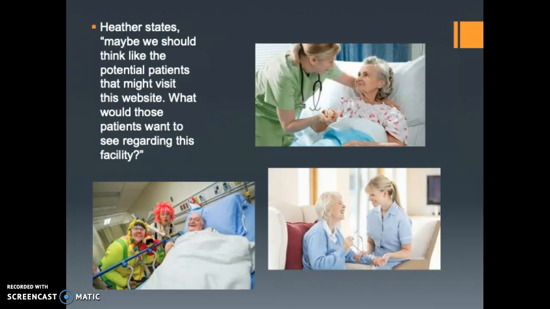It shows the commitment of the staff and the treatment the patient will get while in the care of the staff. So this is important to help the viewer decide, hey, that's the type of treatment that I would like to receive, and that's the type of picture that you would need to show them there.